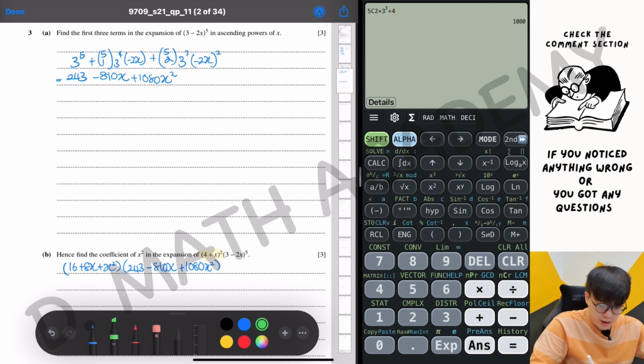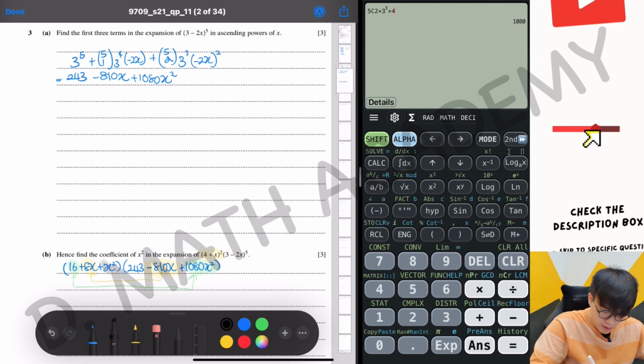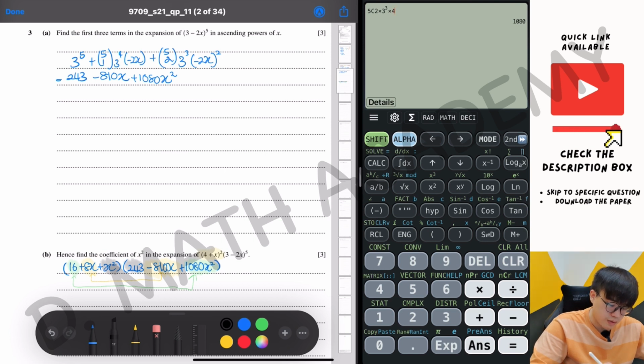So we have our 16 paired up with this. Other than that, we have our 8x multiplied with negative 810. Then lastly, we have our x squared against 243.